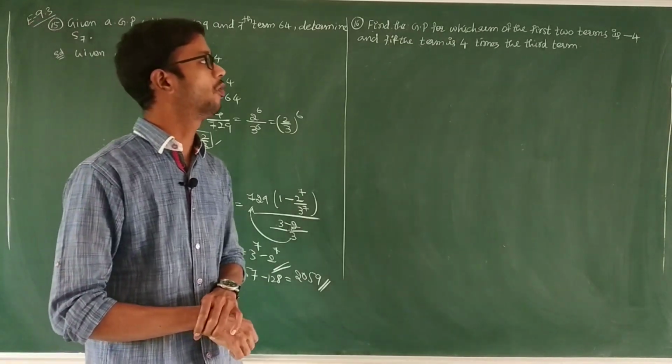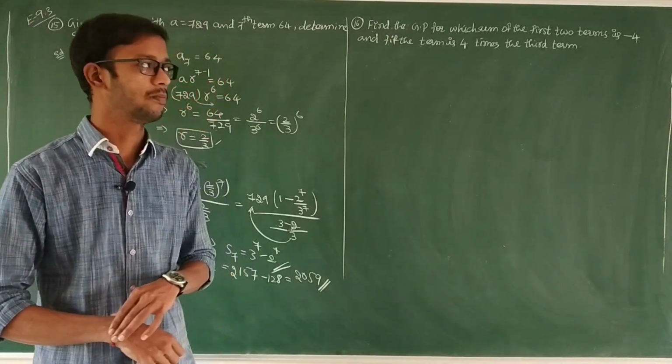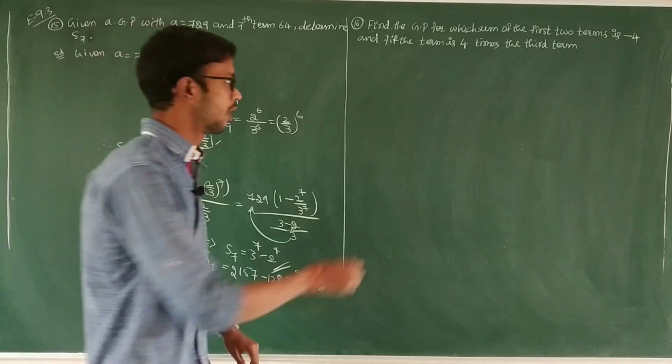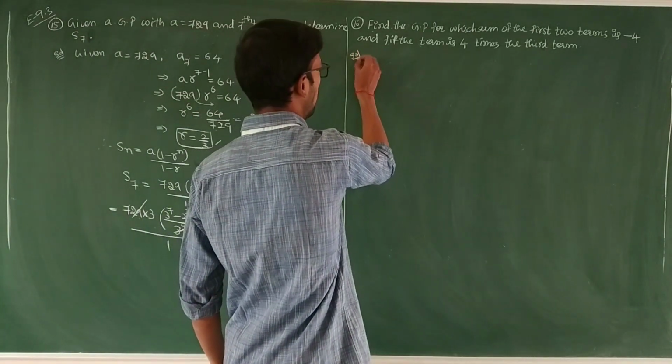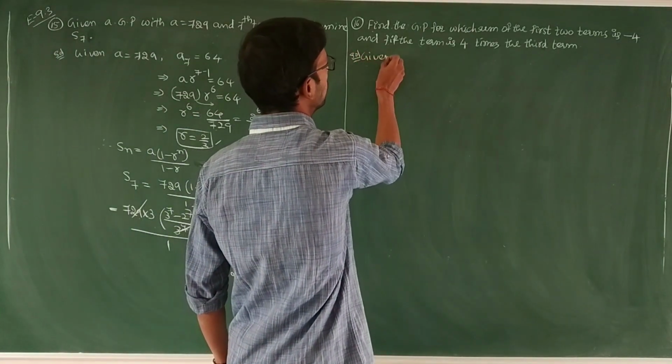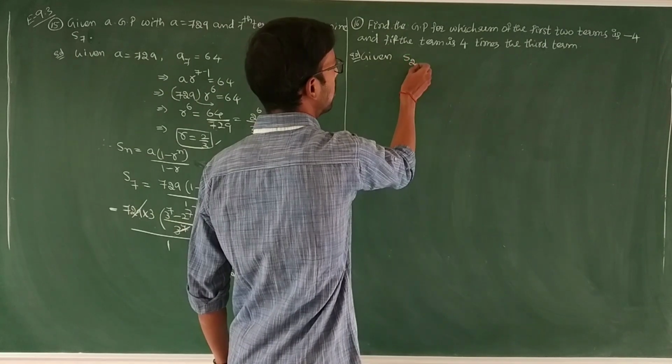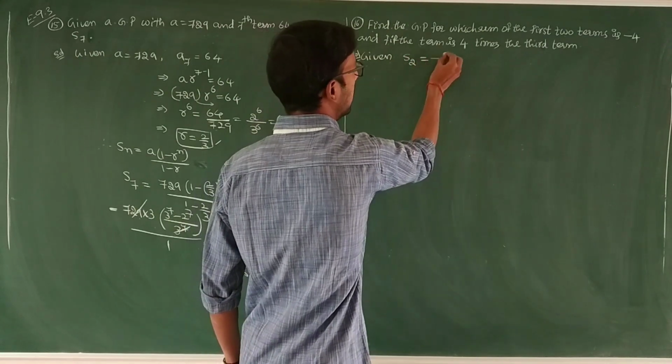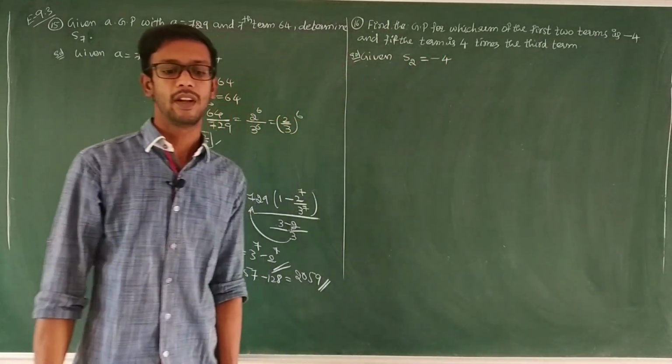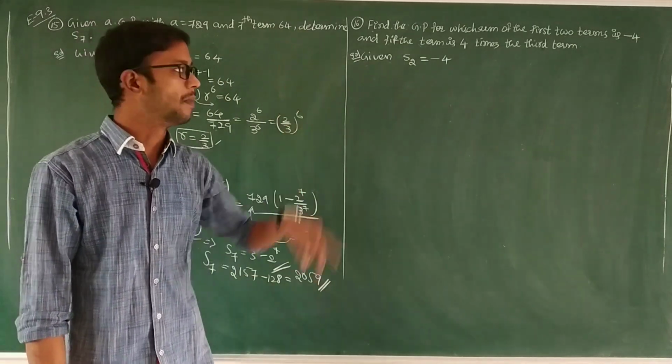Find the GP for which the sum of the first two terms is minus 4. So I will write here, first of all, given: sum of the two terms is equal to minus 4. S2 is equal to minus 4.